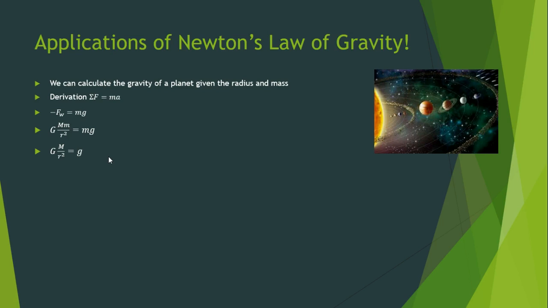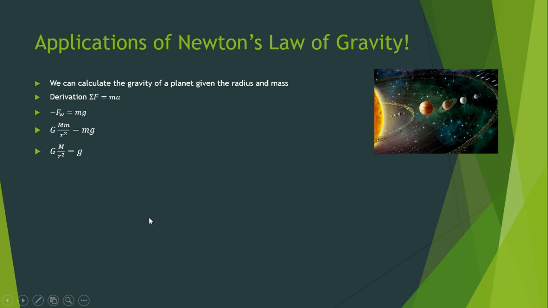That's why in kinematics, we don't care whether it's moving up or down or horizontally, because regardless of where it is, it's always going to be pulled at the same rate. And also, if you drop a bowling ball and a feather, theoretically, or a bowling ball and a tennis ball, both of them should fall at the same rate, because Newton's law of gravity and this derivation show that the mass of the object does not matter.